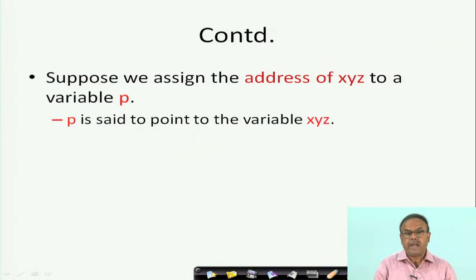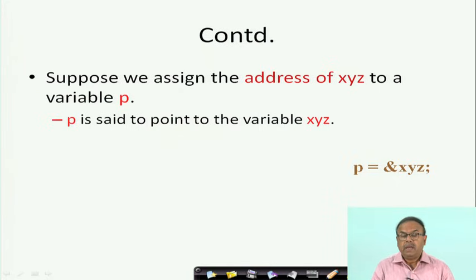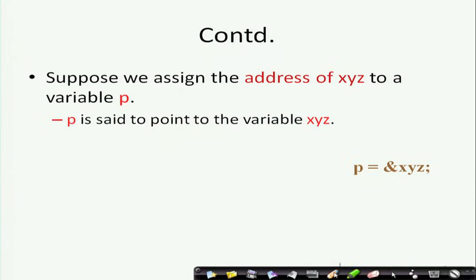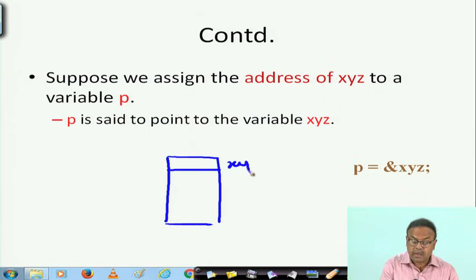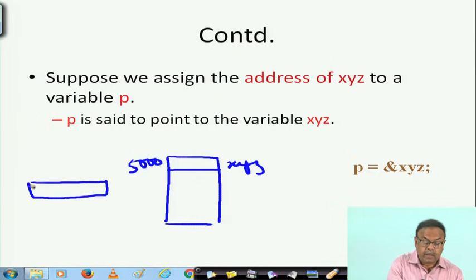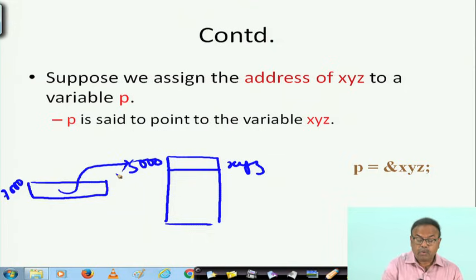Suppose we assign the address of xyz to a variable p, then p is said to point to the variable xyz. Now, I was comfortably drawing this, that there is 5000 here, xyz and 5000 here, and I was simply saying that this variable which was in location 7000 was pointing to this.